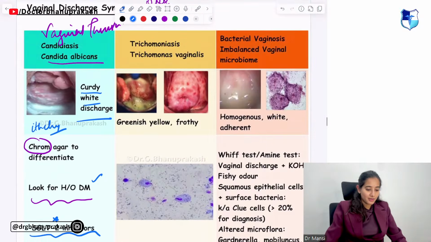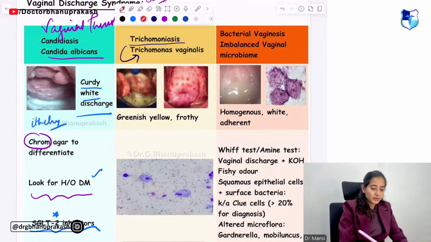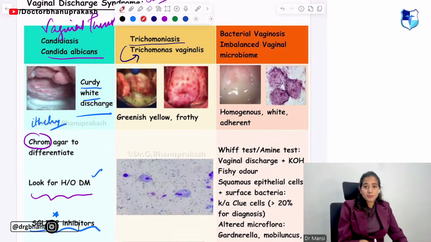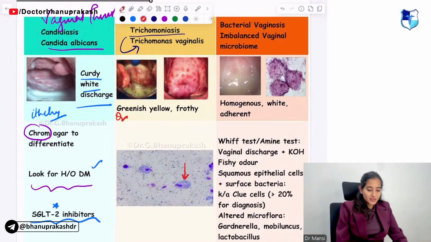Then we have trichomoniasis, which is caused by Trichomonas vaginalis. The type of discharge here is very important to understand. This is a flagellate organism.